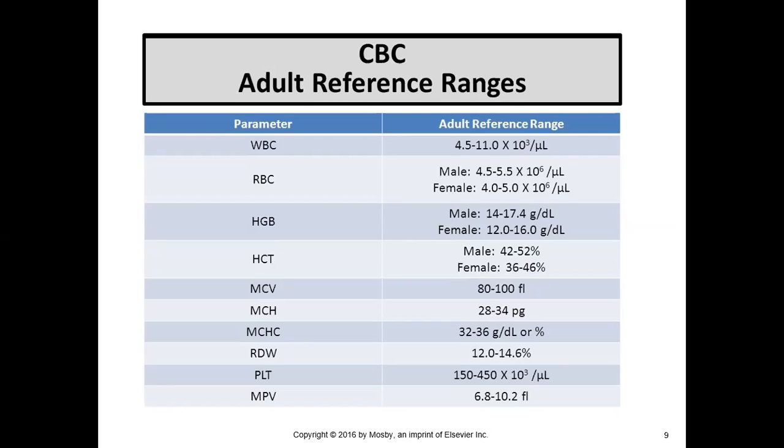The mean corpuscular hemoglobin, MCH, is talking about the size of the oxygen carrying capacity. So again, there are more descriptors of red blood cells, and then the MPV is mean platelet volume. It's a descriptor of platelets. So we can look at as much detail as we want. And basically what that's for is because when we see something that's abnormal, we want to know more details about it, right?